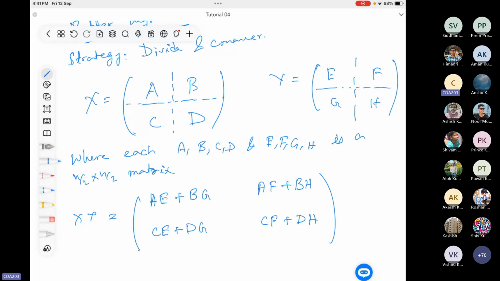Is it okay, or is there confusion? You can think of a 4 cross 4 matrix, divide it into 2 cross 2 smaller matrices, and you can check this result. Okay, this will hold.